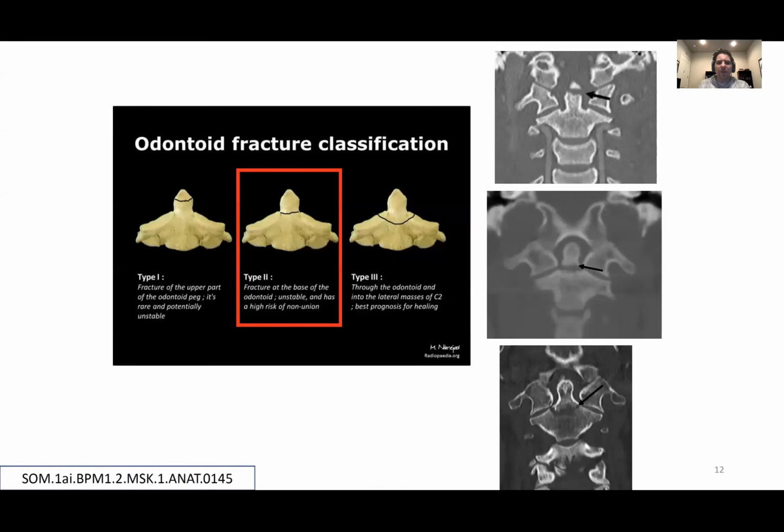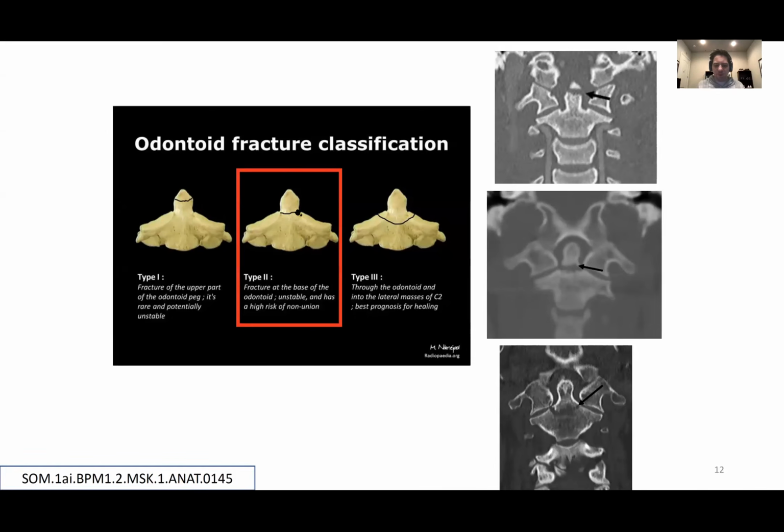So if we look here, classically type 2 is the worst. The reason is that the transverse ligament goes across right there, and because of the proximity of the ligament to the fracture, it can cause compression of the vasculature. If you get that, you can get avascular necrosis of this part of the dens.